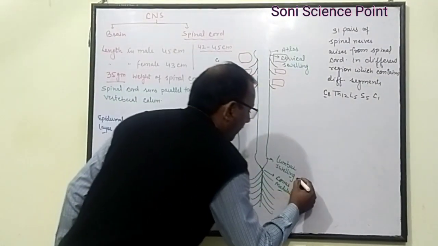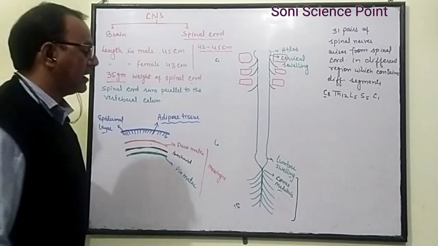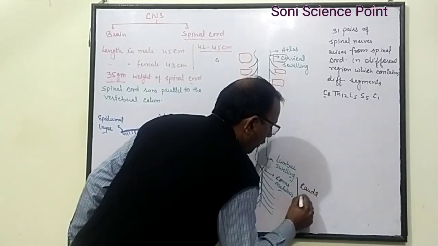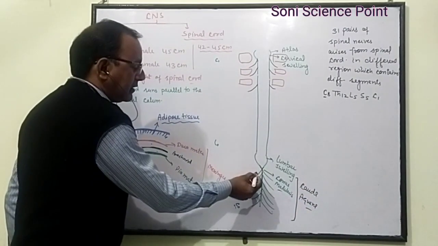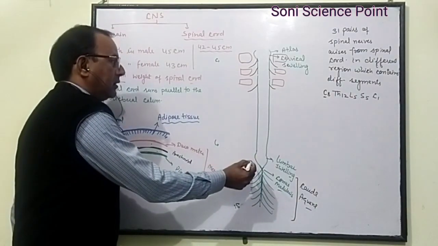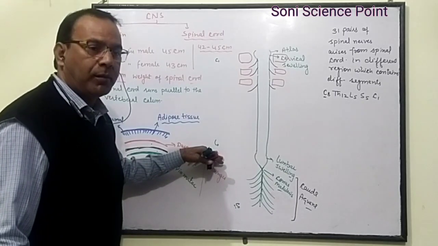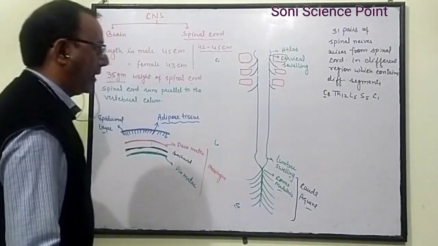And this structure from lumbar 1 to coccyx is called the cauda equina. It means the spinal cord changes into nerves after lumbar 1 to coccyx. This zone is called the cauda equina.